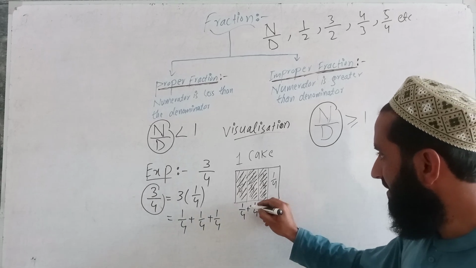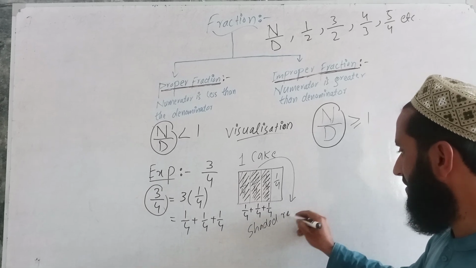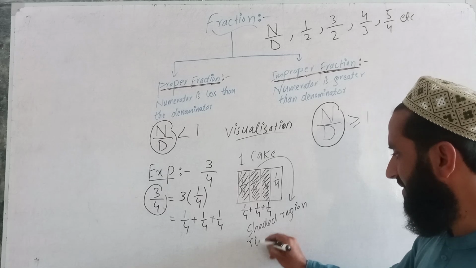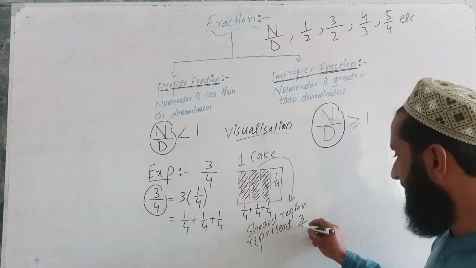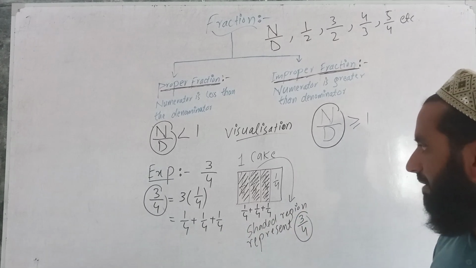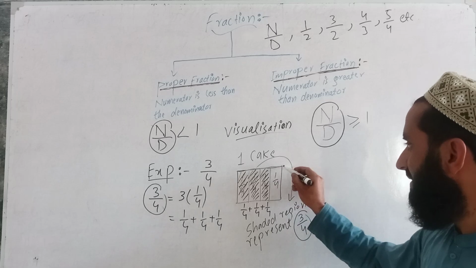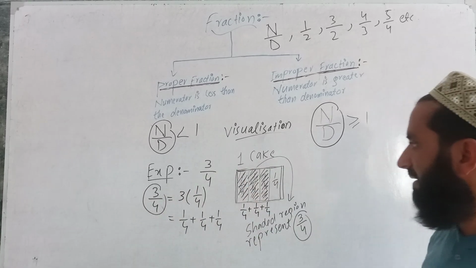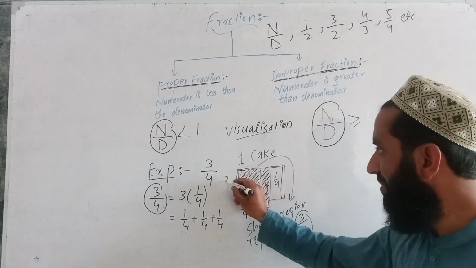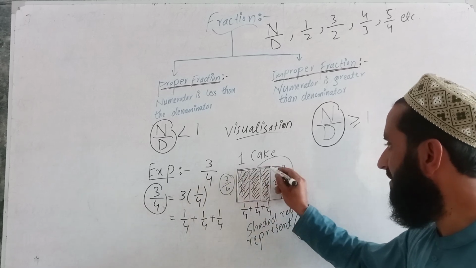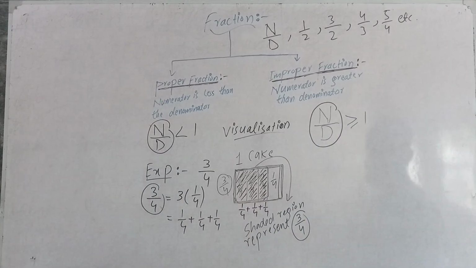So this shaded region represents 3 divided by 4. 3 divided by 4 is less than 1, which means this is one whole cake, and this shaded region represents 3 divided by 4. So 3 divided by 4 is less than 1 whole.